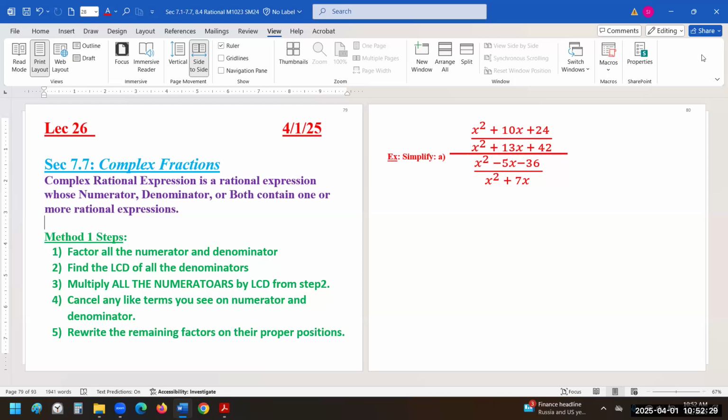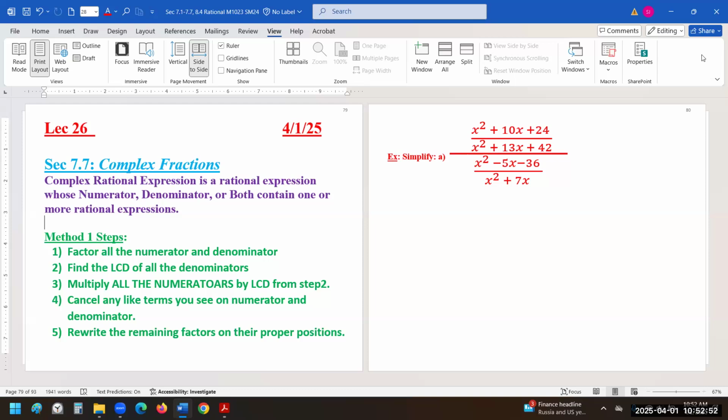It means we have a rational over a rational, or a fraction over a fraction. It's called complex because it does look complex, right? A normal fraction has only one numerator and one denominator. Complex has two numerators, two denominators.